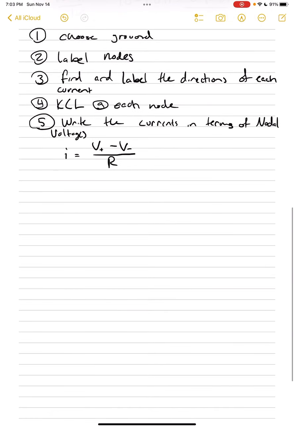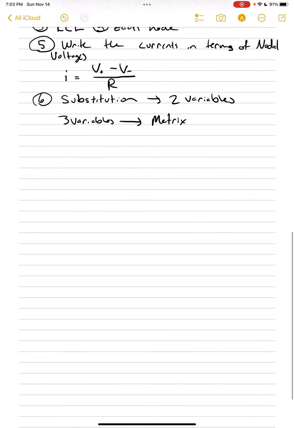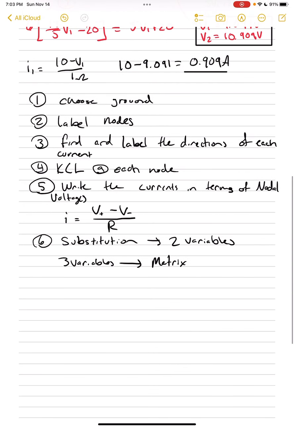And finally, you're going to use substitution to solve for the two variables. And if there are three variables, you're going to use a matrix to solve these. But that is basically the steps for nodal analysis.